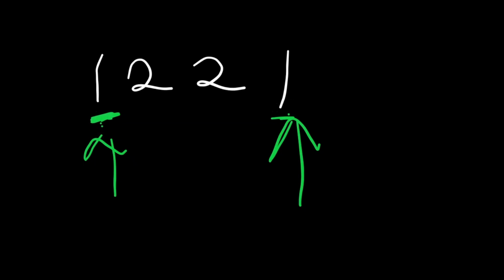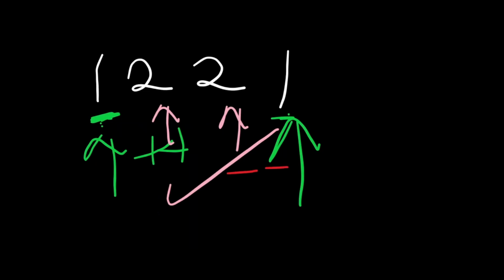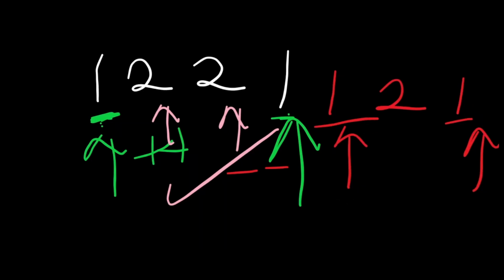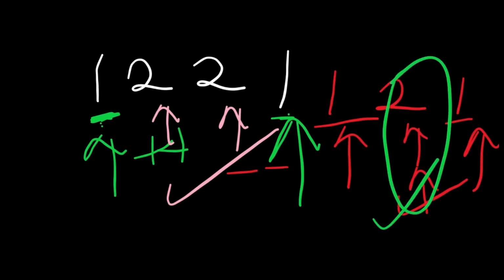If it is a palindrome, the first and the last item will be the same, and as we move forward, this one will be incremented, this one will be decremented to meet at this point, and we would see that indeed this is a palindrome. If we add something like this, it still would be a palindrome because the first and last will be the same, and when the pointer gets to the middle, they are still the same thing.